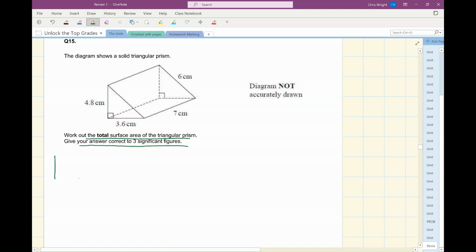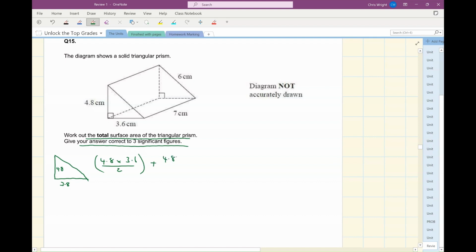Let's have a think about the end first, shall we? 4.8 and 3.6. So the area of that is 4.8 times 3.6 divided by 2. And actually I've got 2 of those, because I've got the other end as well.